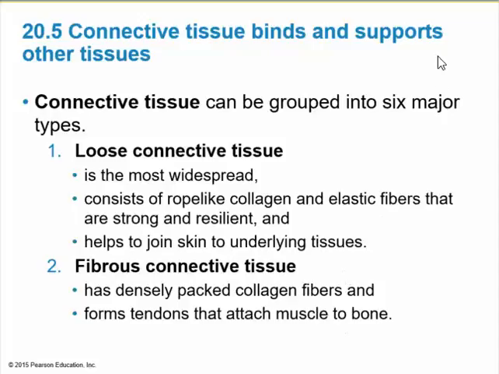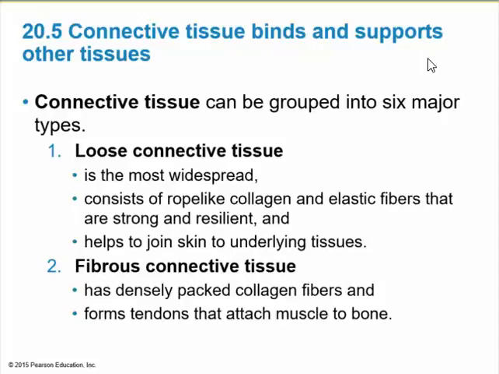Connective tissue is the next type. There are 6 groups of connective tissue. Number 1 is loose connective tissue. It consists of cells embedded in an extracellular matrix of collagen, elastic fibers, and polysaccharide, and helps to connect your skin to the underlying tissue.